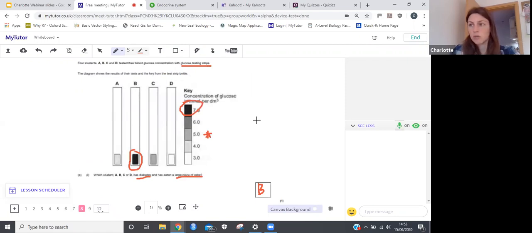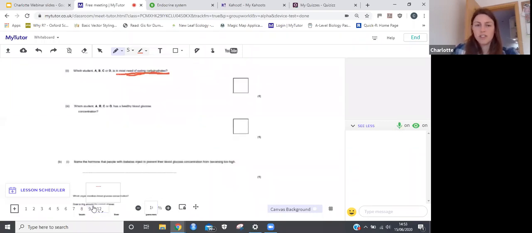A, B, C, or D? Answers in chat. Good. Those of you so far that have put D, that's correct. They've got the lowest blood glucose concentration. They need to eat some carbohydrates because it's getting dangerously low.